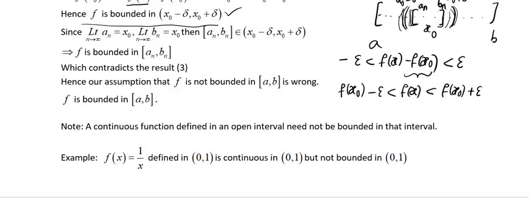For example, here we have f of x equal to 1 by x. This function is defined on open interval 0, 1. This function is continuous in open interval 0, 1, but it is not bounded in open interval 0, 1.